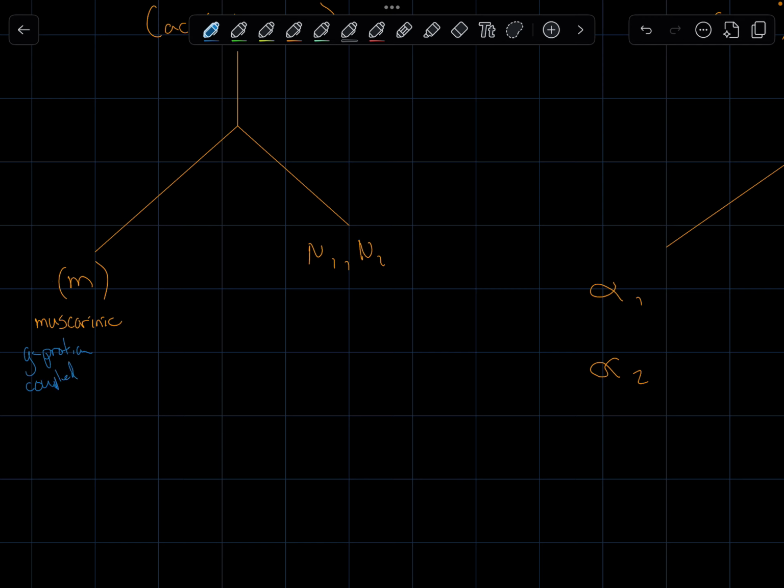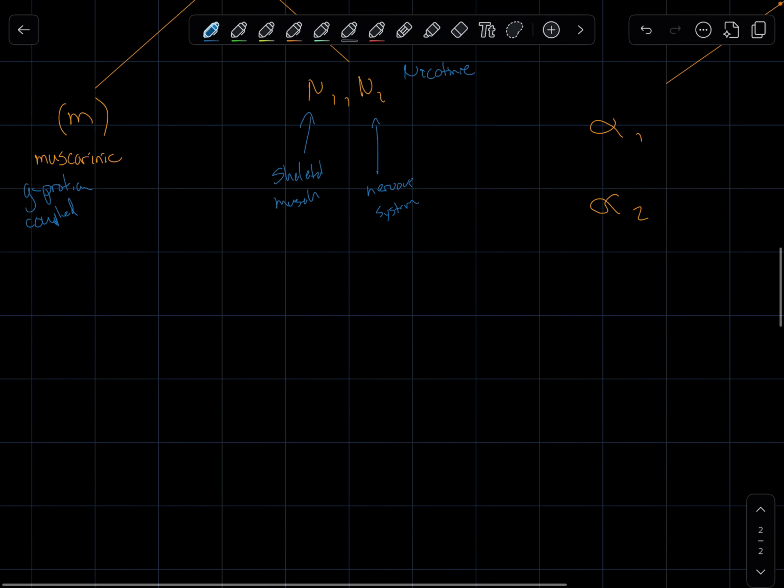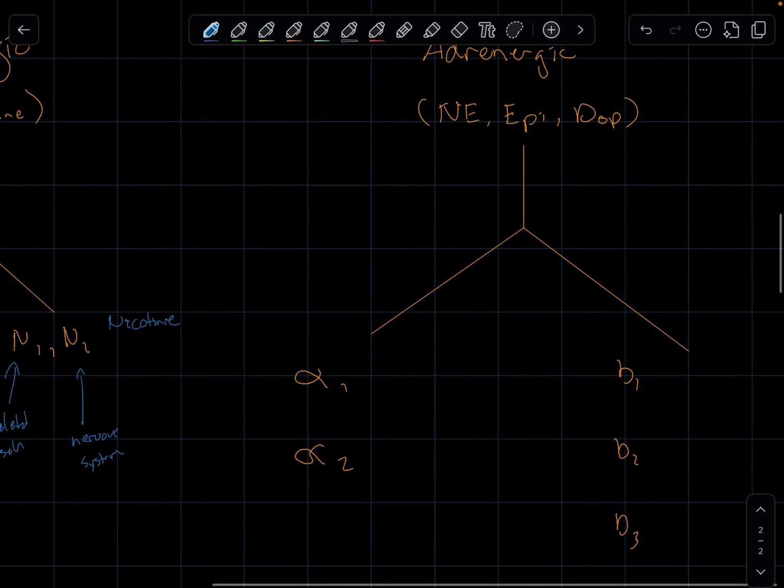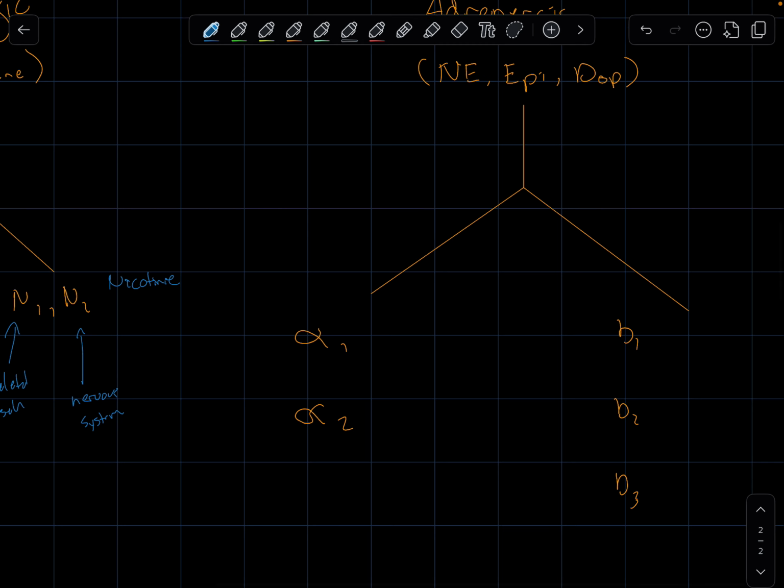So that's just the secondary pathway, and nicotinic right here. N1, you'll find that in skeletal muscle. N2 is what we'll find in the nervous system. Okay. I'll draw a diagram here in a second, and then we'll take a look at alpha 1, alpha 2, beta, okay?